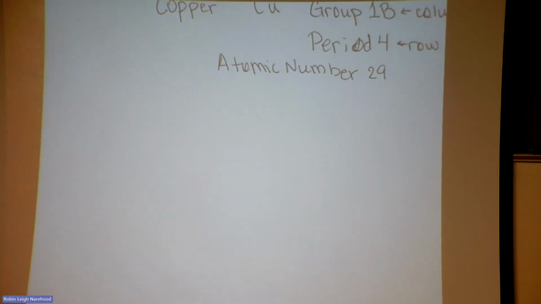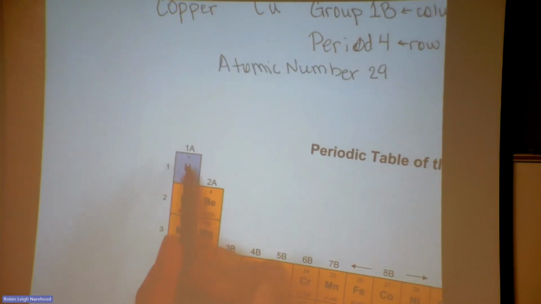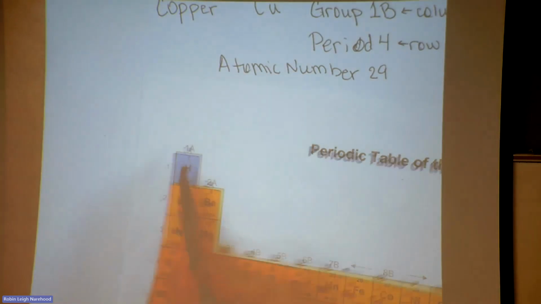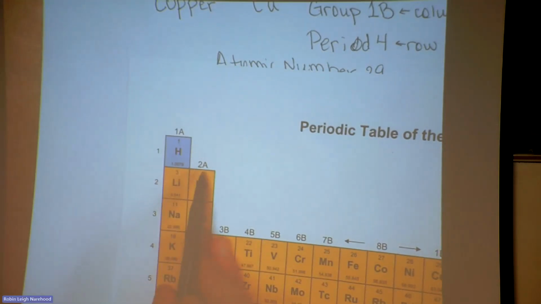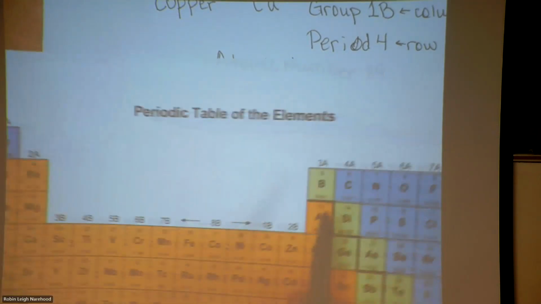Nothing else has atomic number 29. The periodic table is in order by atomic number. If you look at the number above each symbol, there's 1. All the way over, there's 2. There's 3. There's 4. 5, and then.